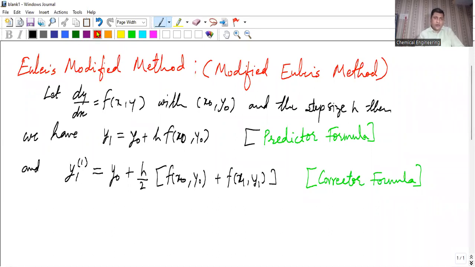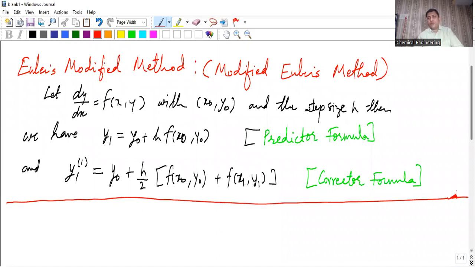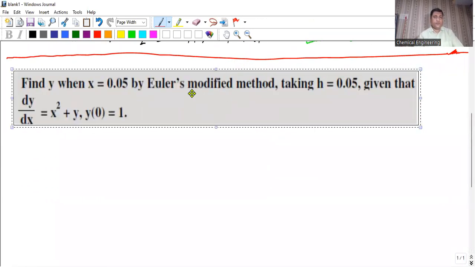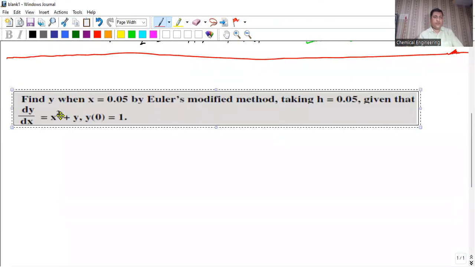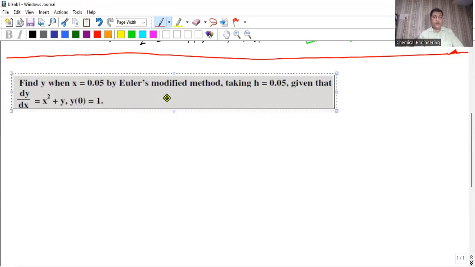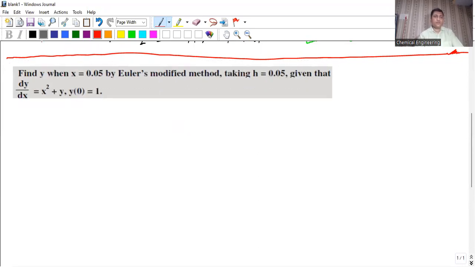So let us try to solve one problem using Euler's modified method. Here we have the problem. I hope you are able to see this. Yes, sir. Okay, so we have to find y when x is equal to 0.05 by Euler's modified method, taking h equal to 0.05.